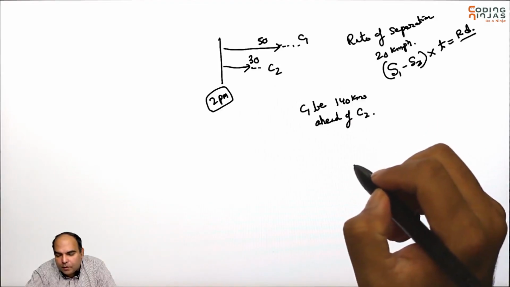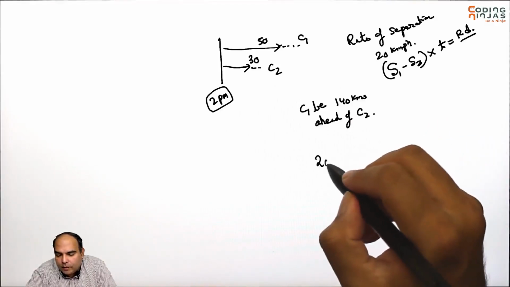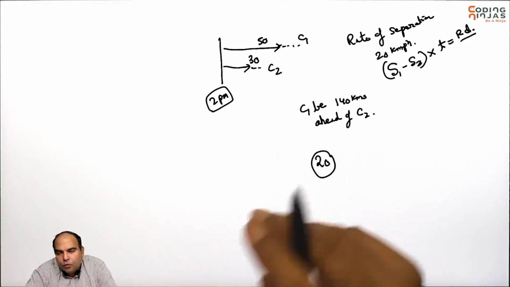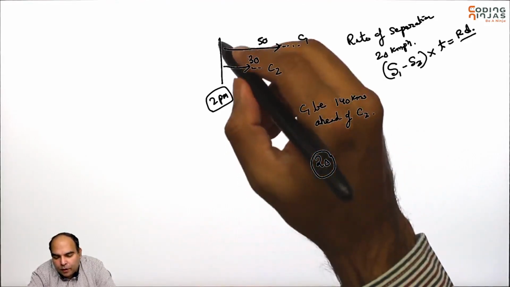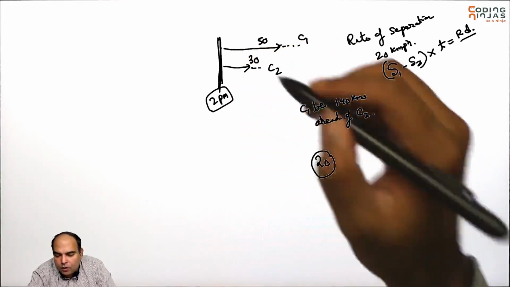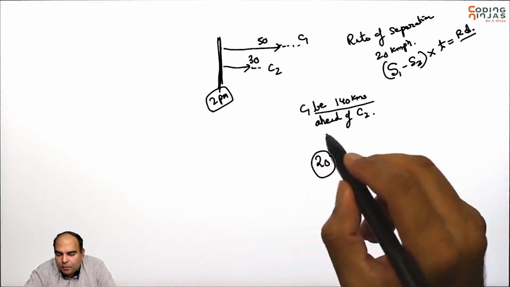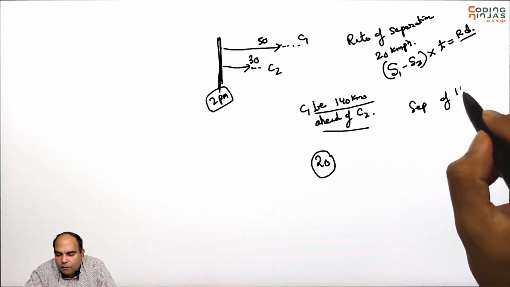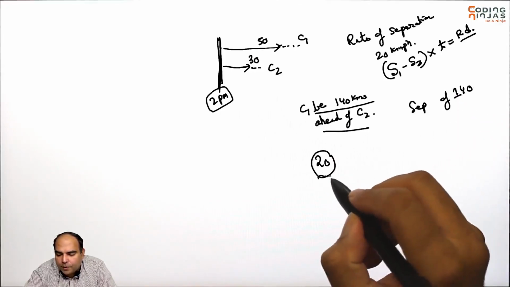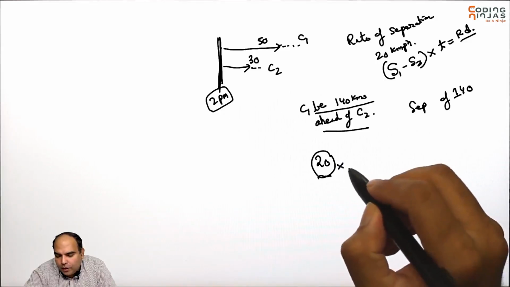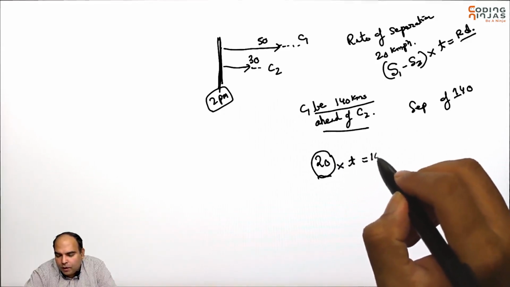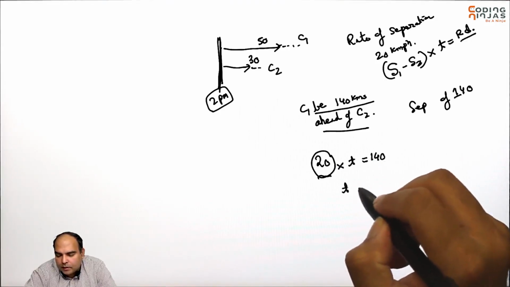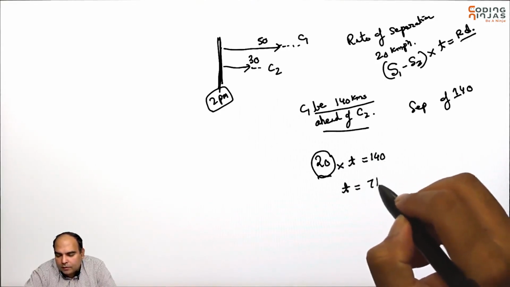And for that to happen, because the relative speed is 20, you have to understand that from this point the separation between them was 0. If you want C1 to be 140 kilometers ahead of C2, you have to create a separation of 140, and the rate of creation of separation is 20 kilometers per hour. So 20 into t should be 140, and that will give you t as 7 hours.